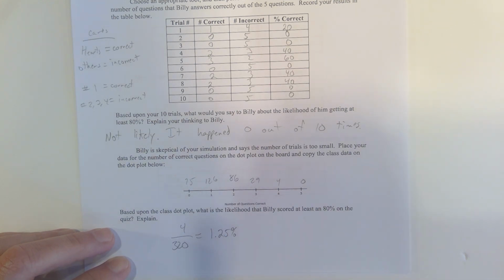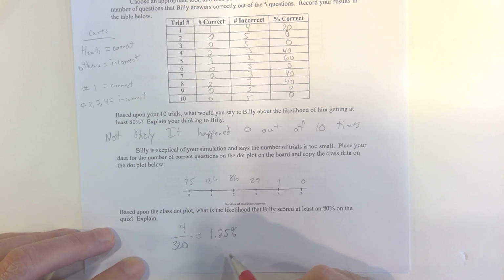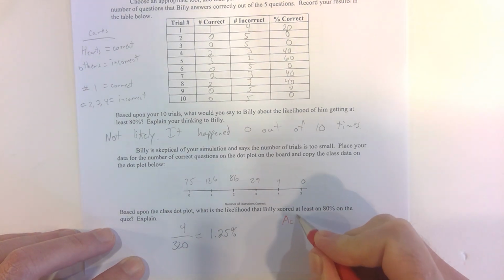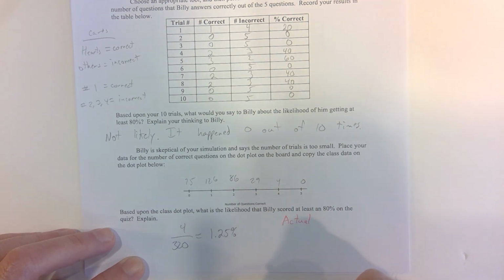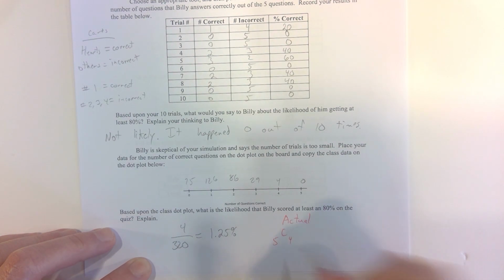Now, if you wanted to calculate it instead of simulate it, you might recall something you learned, I believe, in math too, combinations. I could get at this answer using combinations. So 5 questions, I want to choose 4 of them to be correct.